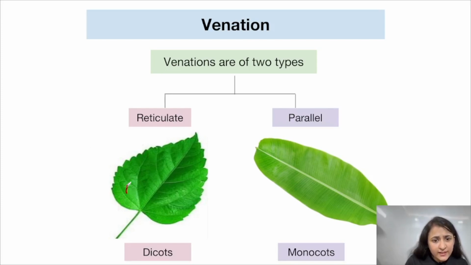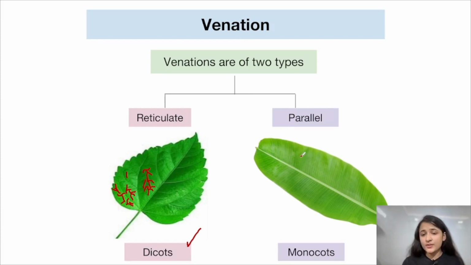These veinlets are present randomly in a reticulate fashion. They arise from these veins, forming a network mesh-like structure. So this is reticulate venation and it is seen in dicots. A characteristic feature of identifying a dicot plant is that the leaves will show reticulate venation.